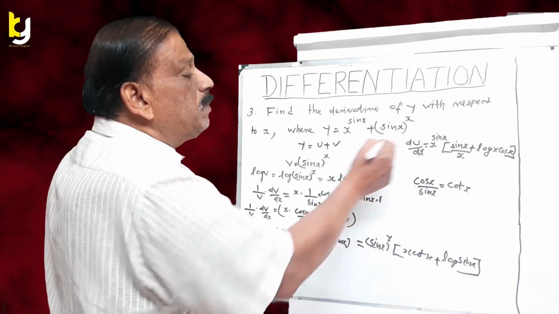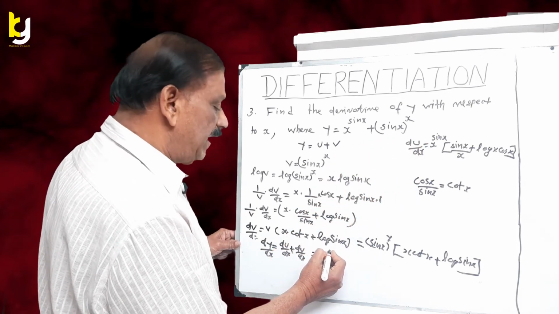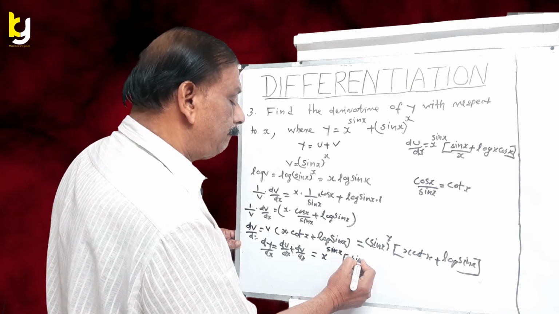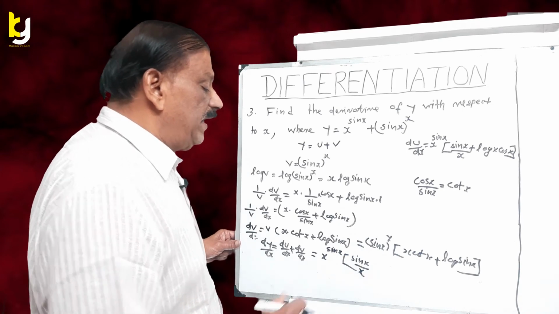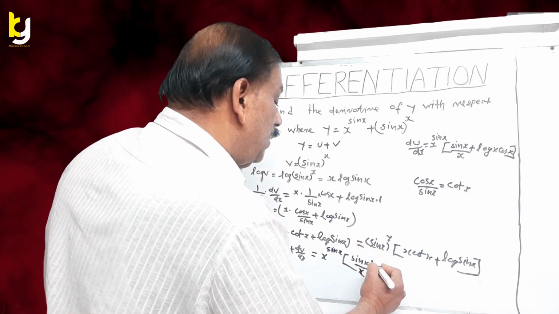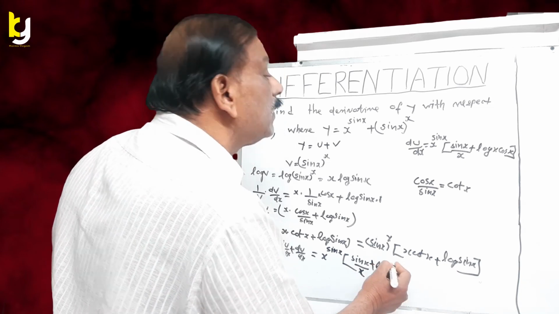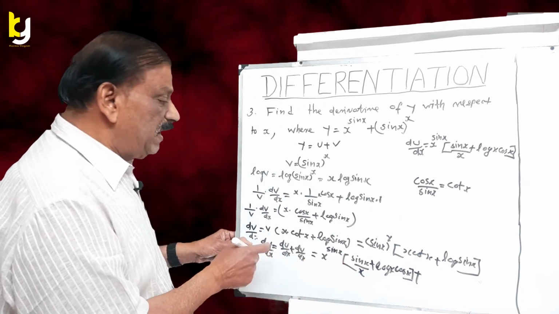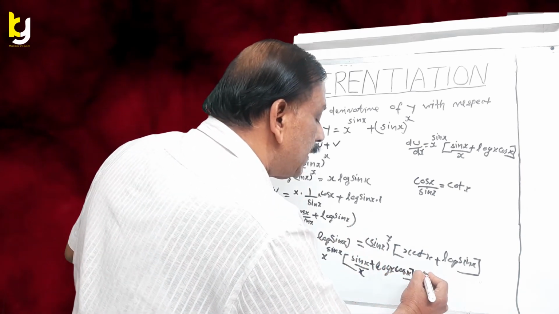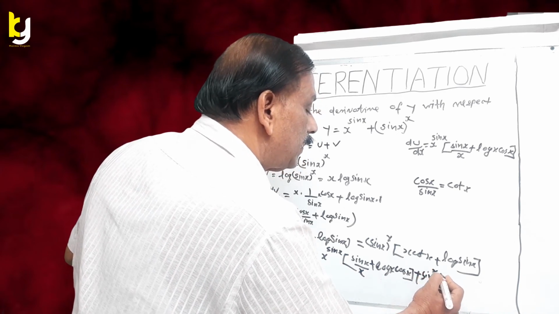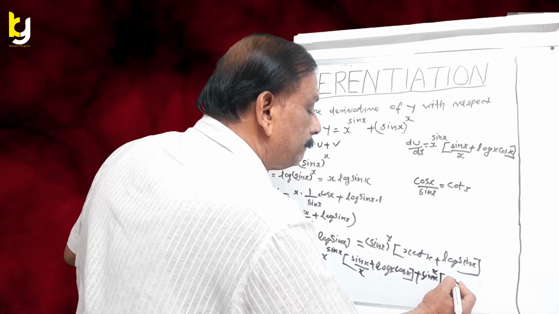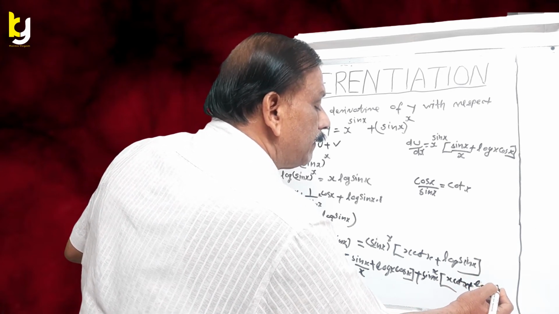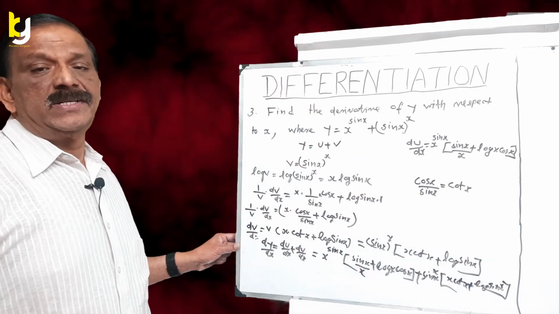That is equal to du by dx equal x to the power of sin x into sin x by x plus log x cos x, plus dv by dx. dv by dx equals sin x to the power of x into x cot x plus log sin x. Hence the answer. Clear?